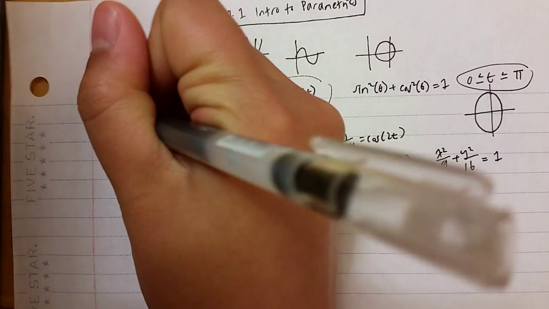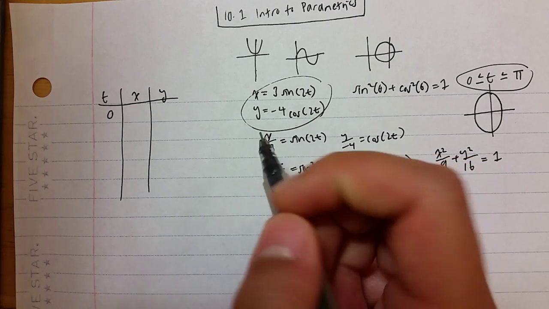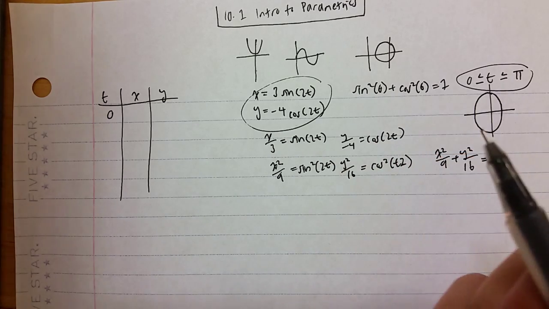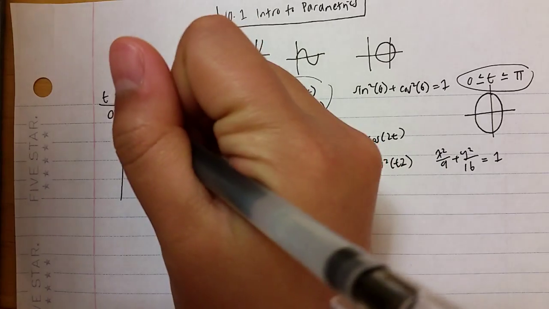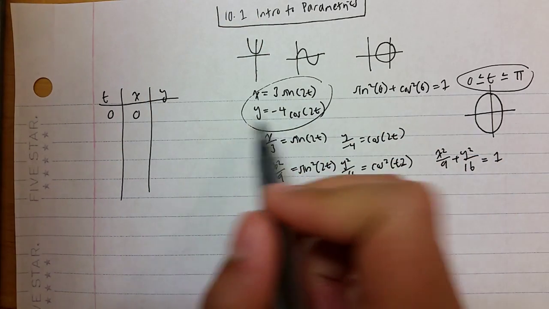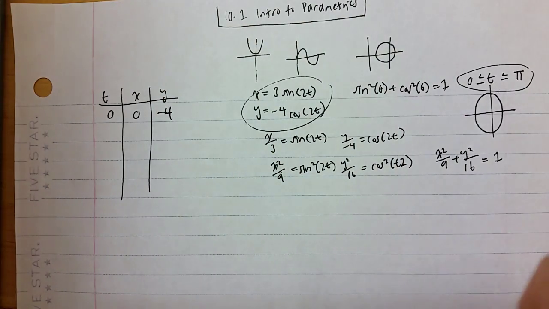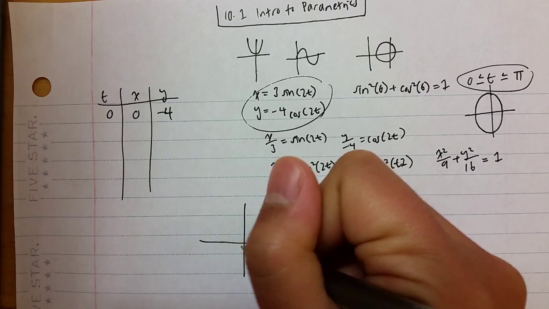You would start with t equals 0, and then it's just a simple substitution into x and y. You're just dealing with 2 variables at a time, and it's just a t-chart like you used in Algebra 1. So 3 sine of 0 is 0, and for y, we have cosine of 0 is 1 times -4 is -4. So we can start sketching the graph here, at (0, -4).